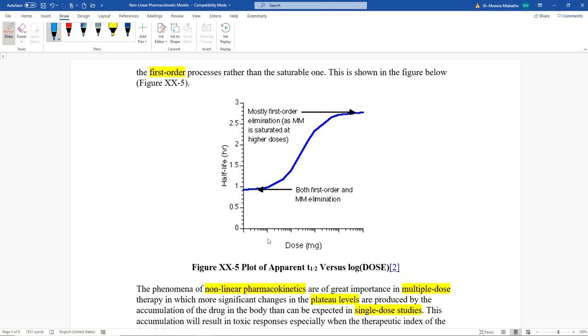See here, this is what happens when I give a dose. What happens to the half-life? Initially it's almost constant, then the half-life increases, then again it becomes constant, because, as we said, the Michaelis-Menten kinetic becomes negligible in eliminating the drug, while the other parallel pathway is first order kinetic.